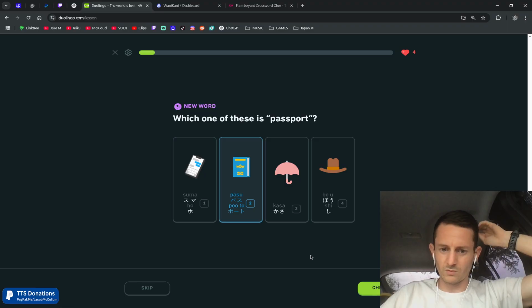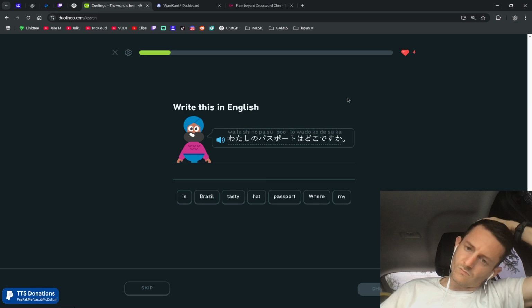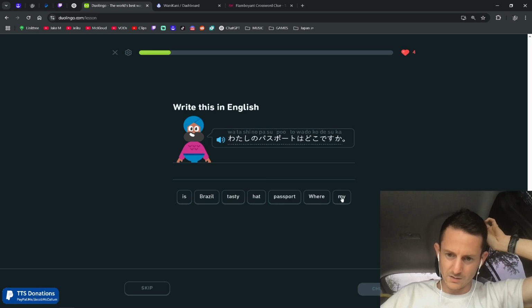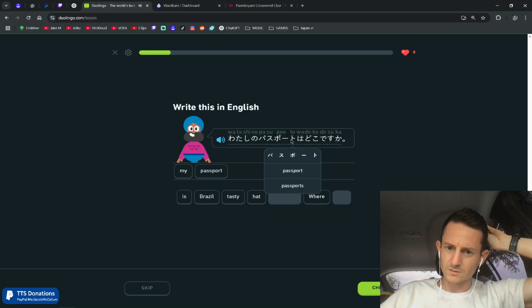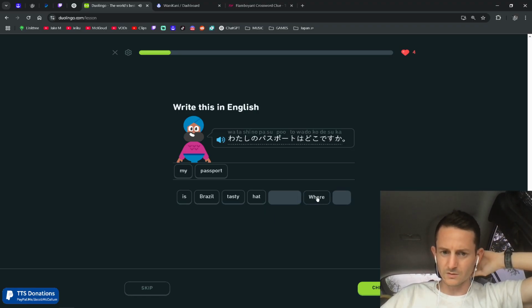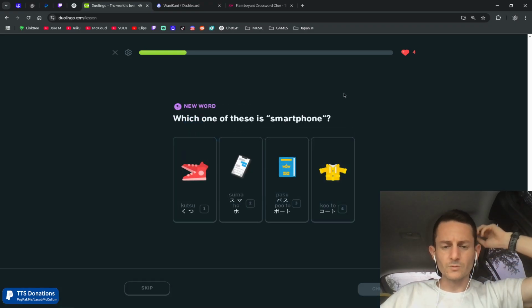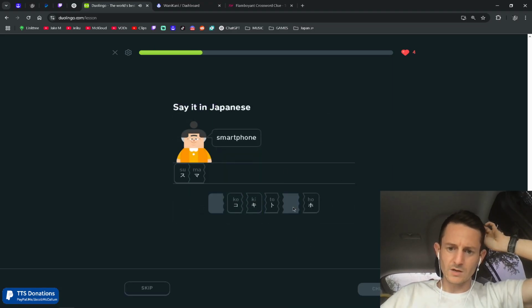Obviously the パスポート one that looks like a passport. 私のパスポートはどこですか? Watashi no passport wa doko desu ka. Where is my passport? Which one of these is sumaho? Sumaho. スマホ.